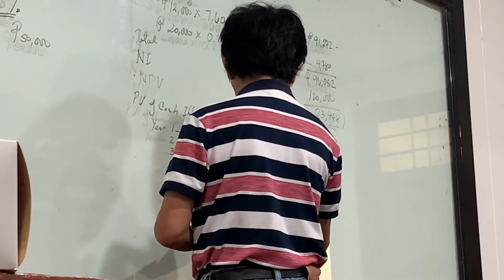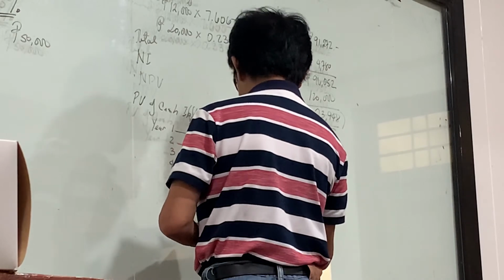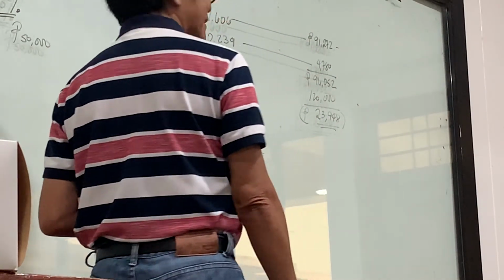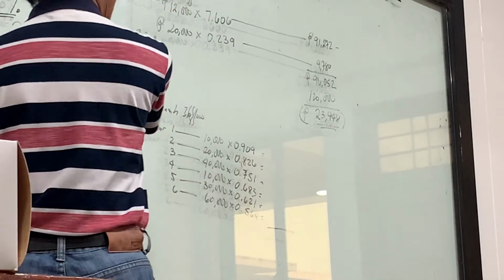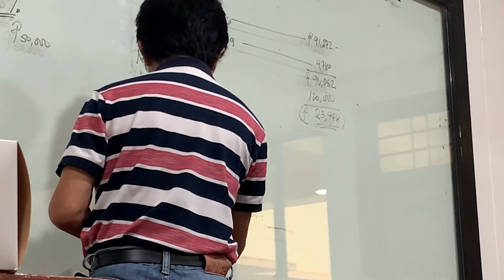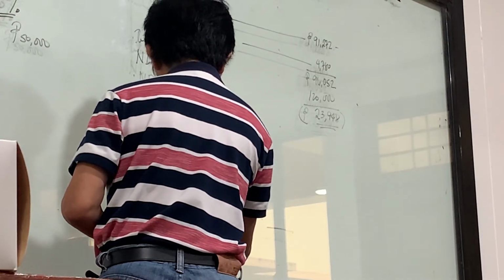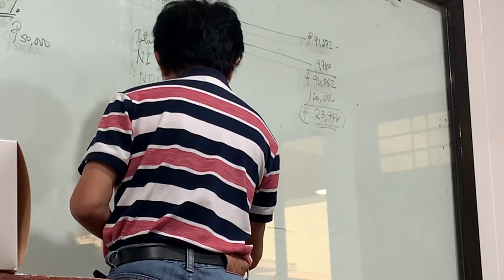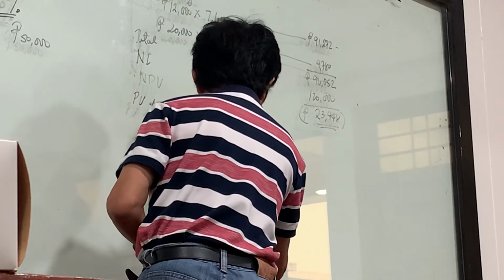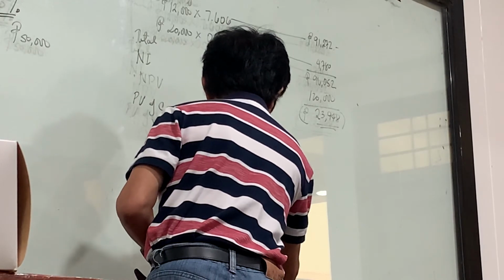Okay. Multiply and add. And still we have the salvage value. Okay? For the salvage value, we have 50,000 times 0.564.